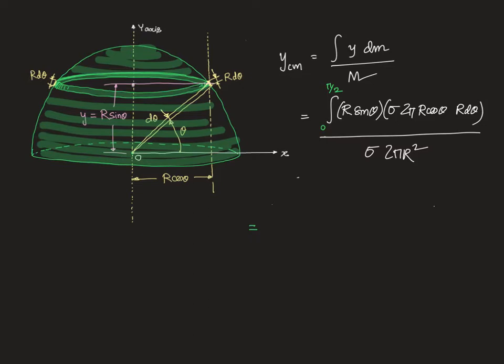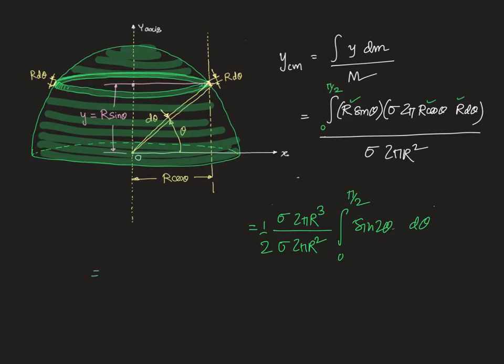So there it is, sigma 2 pi r cube by sigma 2 pi r square, integral sin theta cos theta times d theta. So there you can write sine of 2 theta, from 0 to pi by 2.